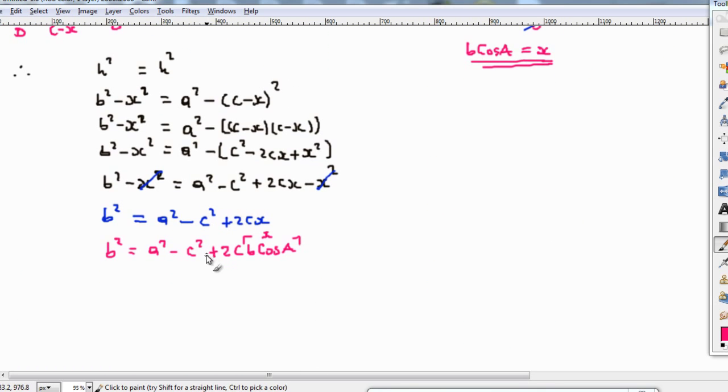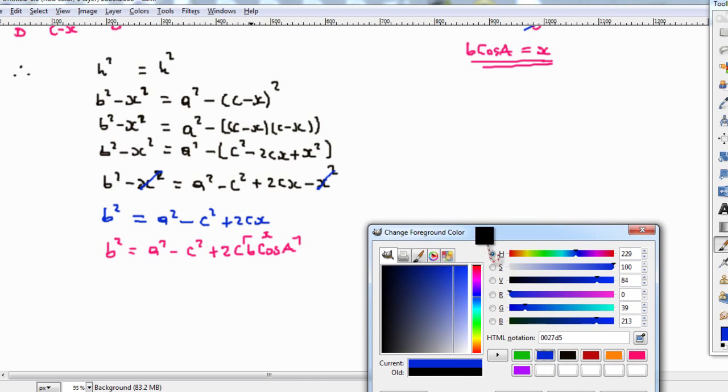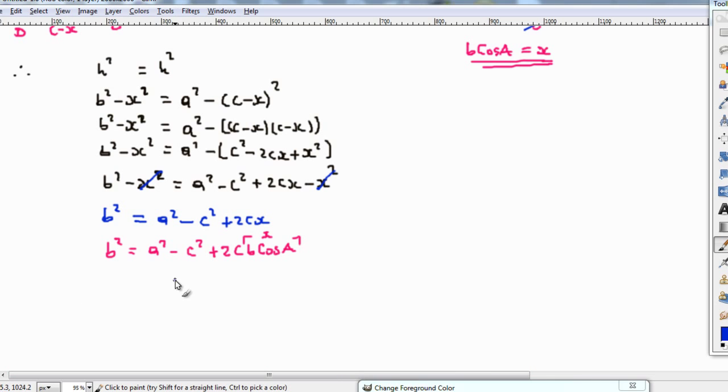So c squared is transposed, and this 2cb cos a is transposed. So a squared is equal to b squared, c squared positive, and this part negative.